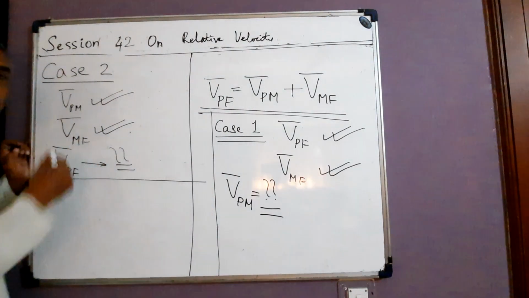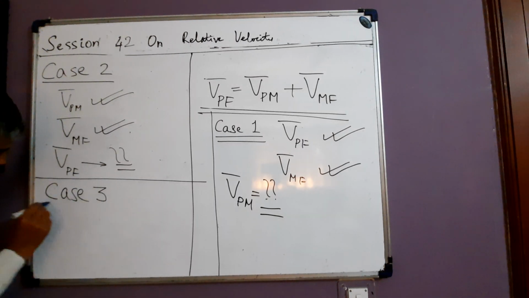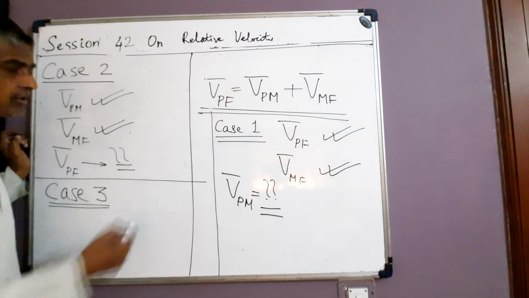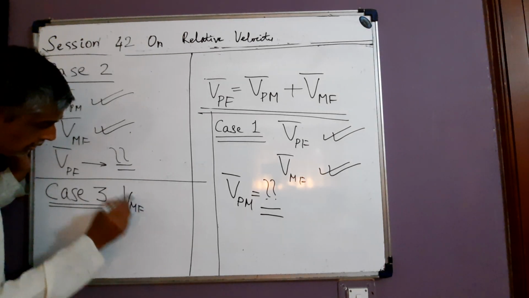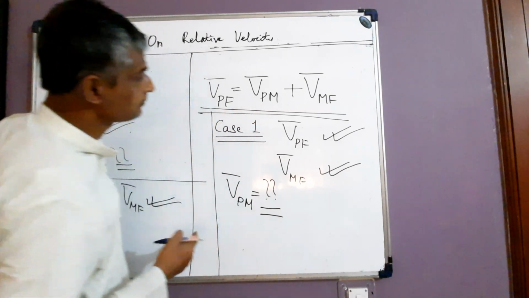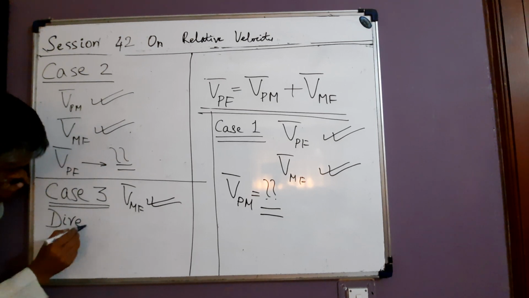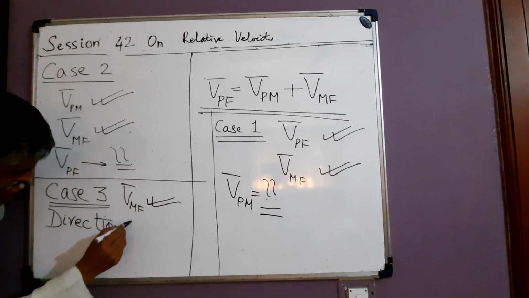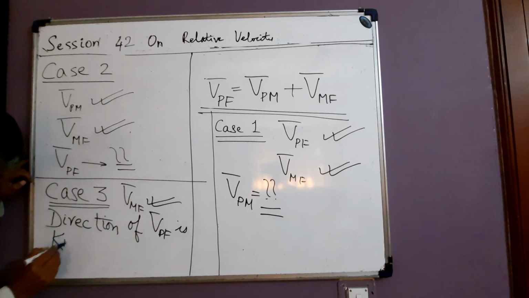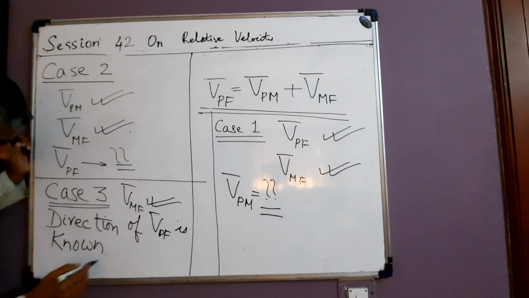Then we'll take up problems on case 3. In case 3, VMF is known completely in magnitude and direction both. For VPM only the magnitude is known, the direction is not known. And the direction of VPF is known.